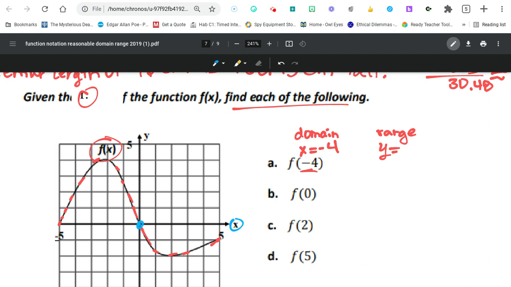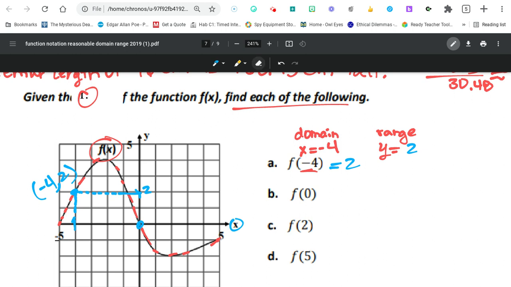That's 0, -1, -2, -3, -4. When my x is -4, my y value is +2. That point is (-4, 2). So f of -4 is 2.